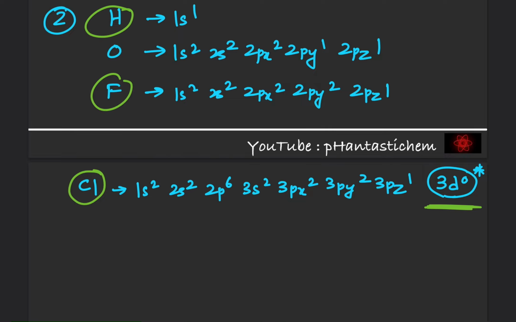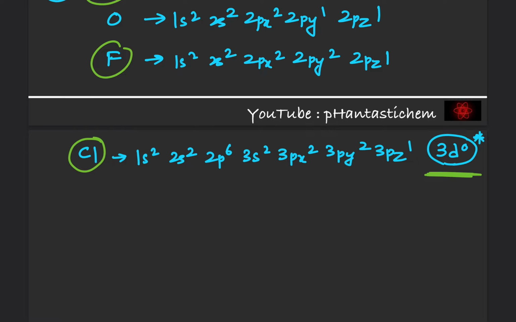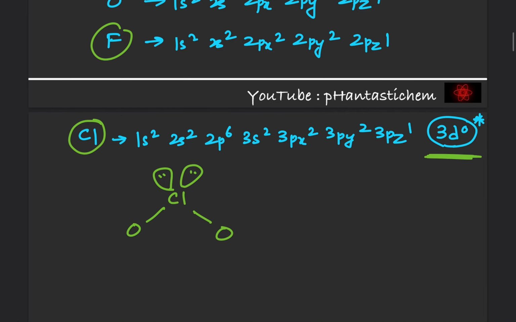So here we don't have any vacant orbitals. Therefore, the lone pair on the central oxygen atom in Cl2O, so we have these lone pairs here. Sorry, I drew the wrong diagram. So here we will have oxygen and chlorine.